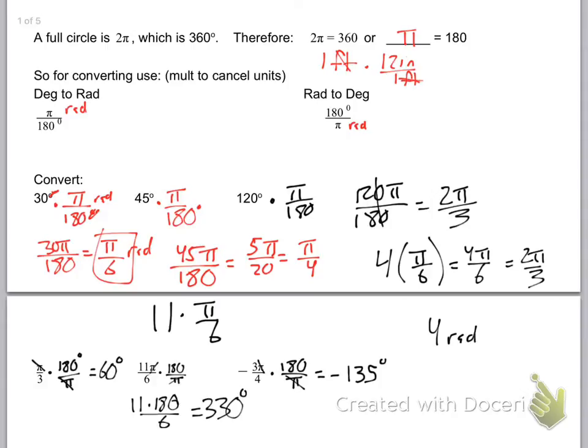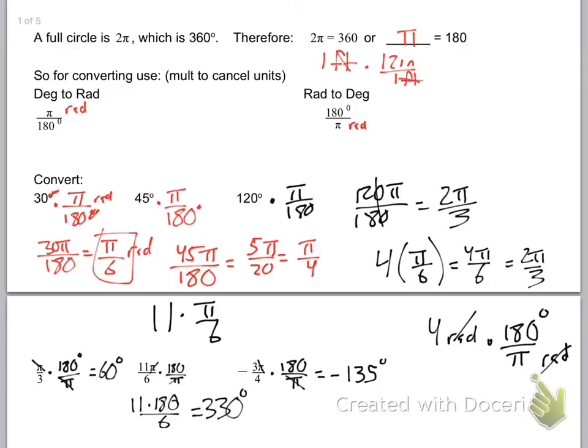If I want to convert from 4 radians to degrees, you will have to multiply by 180 degrees over pi. Yes? The radians from the pi and the 4 will cancel each other out. Radians is out. We are now degrees. But because there's still a pi in here, pi is going to stay.